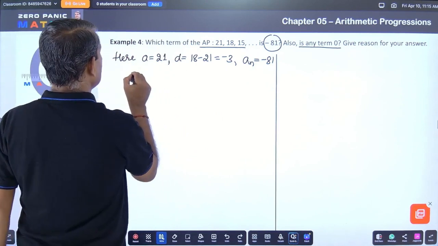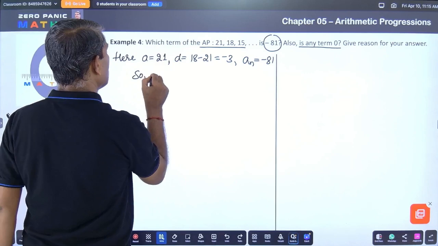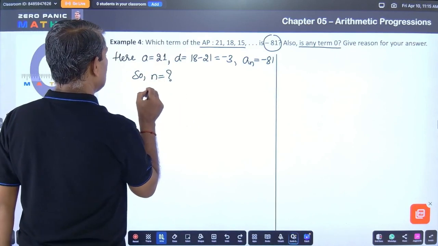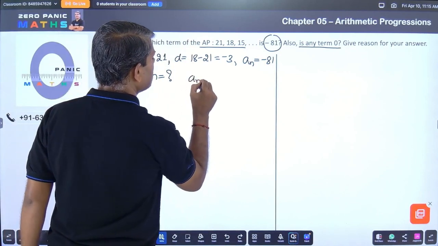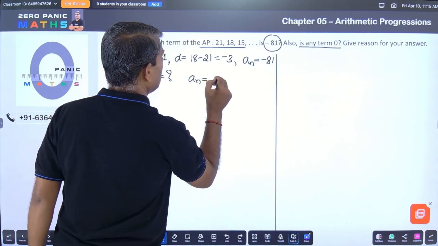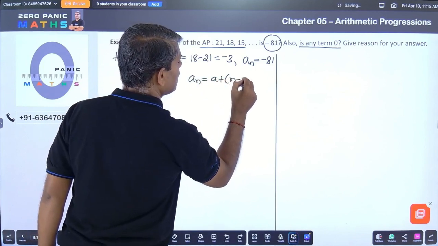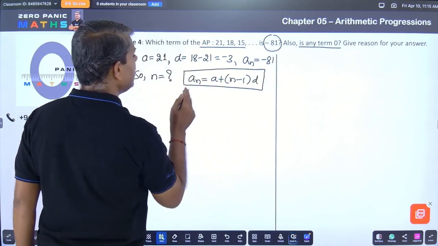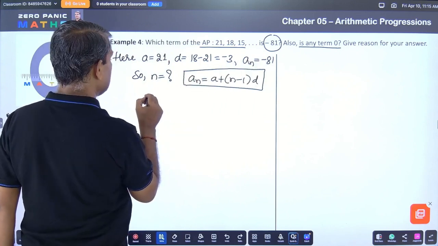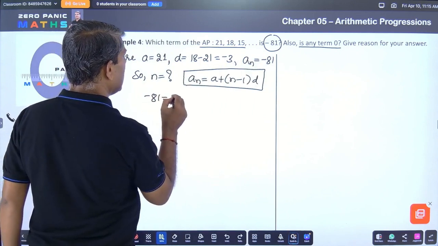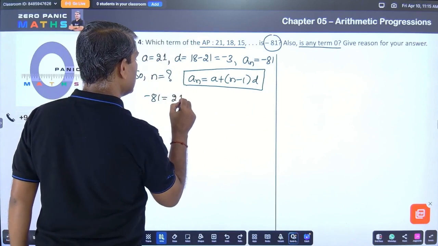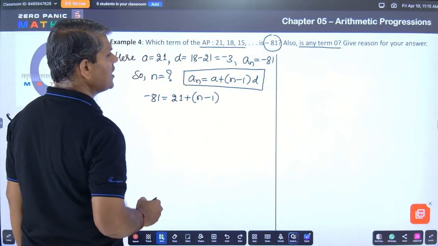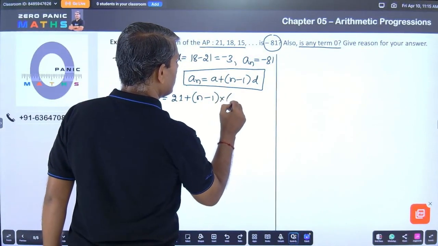Now let us put all these values in and find n. Our formula is an equals a plus n minus 1 into d. Keep this formula in your mind. an is minus 81, a is 21, plus n, which we don't know, minus 1, times minus 3.